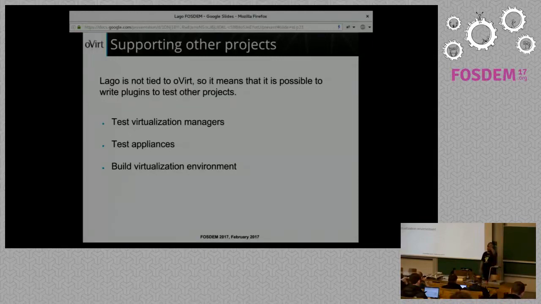This is why we don't have anything oVirt-related coded in the core of Lago. So it can be used for several purposes, like testing other virtualization managers, testing some appliance, doing end-to-end testing on some software that is run as a virtual machine. This is all possible to do with Lago by writing plugins.